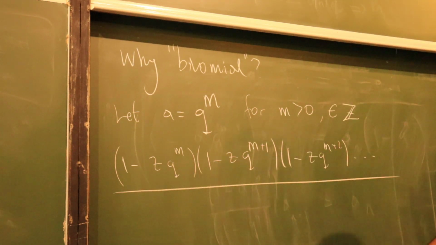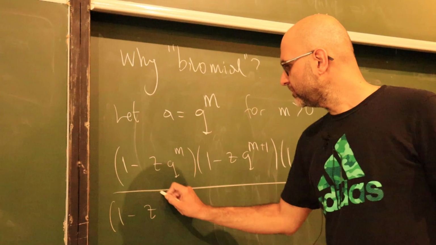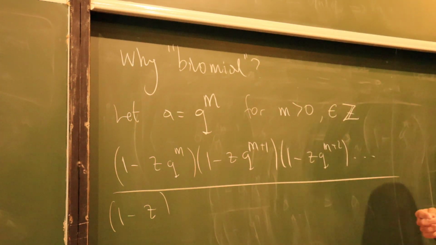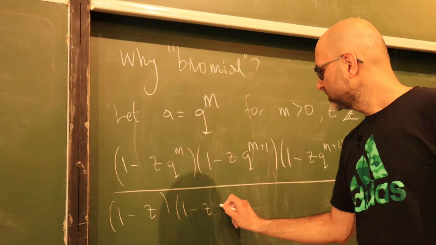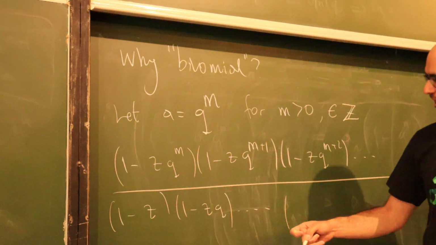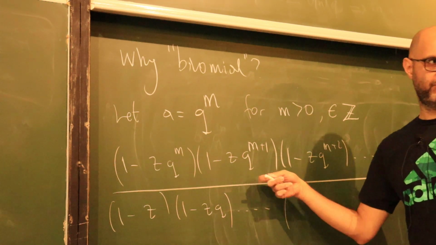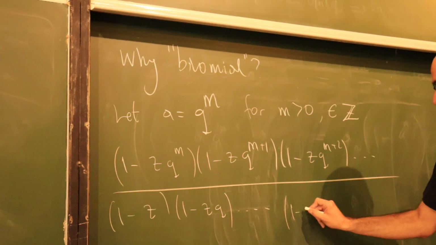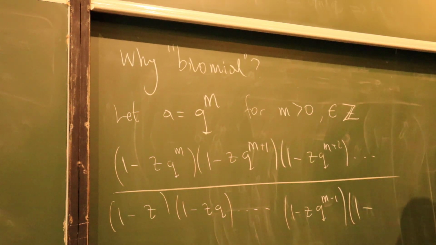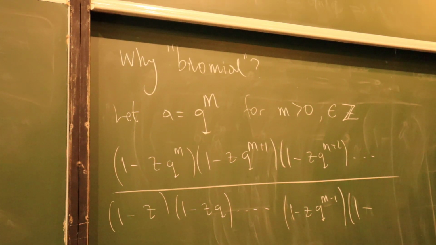Where downstairs is 1 minus z, so the numerator has a head start. 1 minus z times q, 1 minus z times q squared, but at some point the denominator will catch up with the numerator. 1 minus z q to m minus 1, almost there. And after this point, everything is common between the numerator and the denominator.